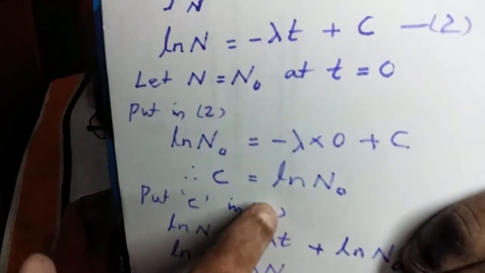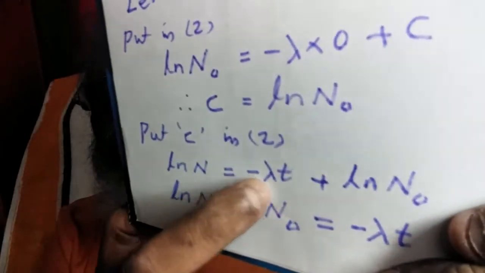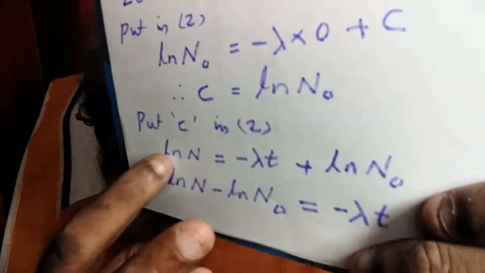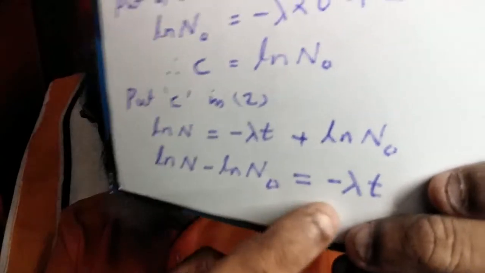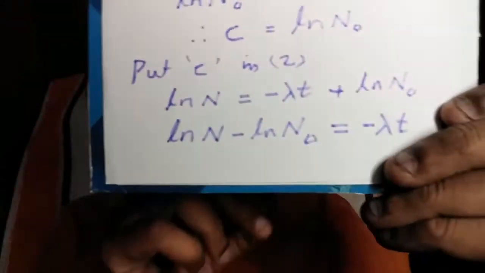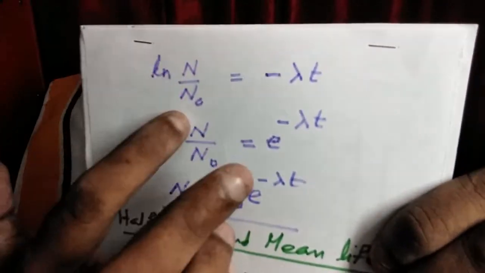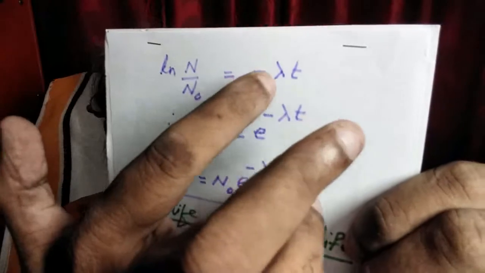You replace c with this value, then you get log N equals minus lambda t plus log N0. You take this log N0 to this side, so you get log N minus log N0 equals minus lambda t. Log a minus log b is always log a by b. So this is log N by N0 equals minus lambda t.